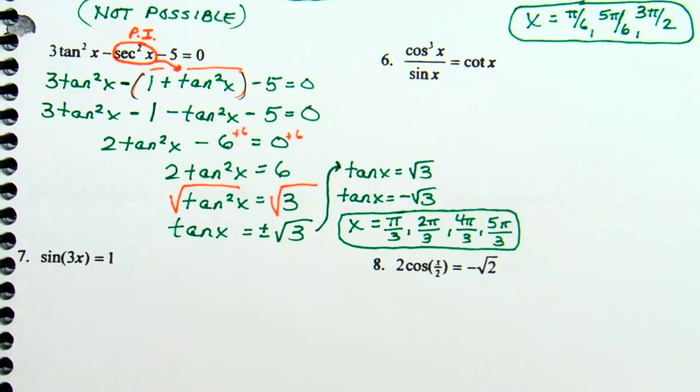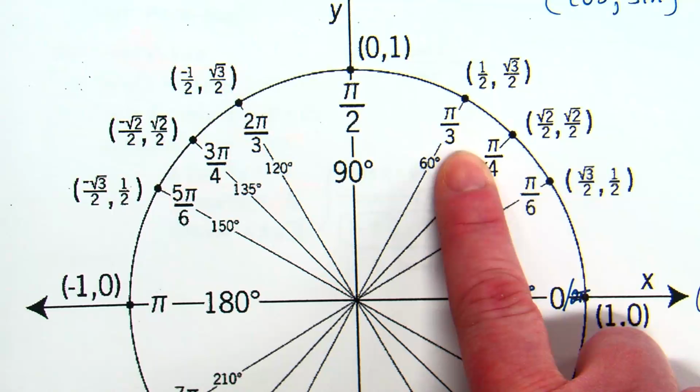So you understood that tangent was square root of 3 at pi over 3, according to our chart, correct? And that's also, if I look at this ordered pair, that's also when this ordered pair happens, 1/2 comma square root of 3 over 2. Because if I were to divide these, I would get square root of 3.